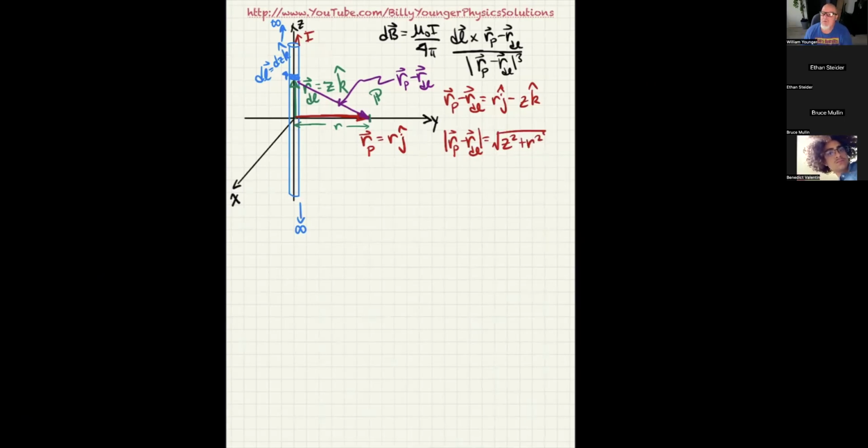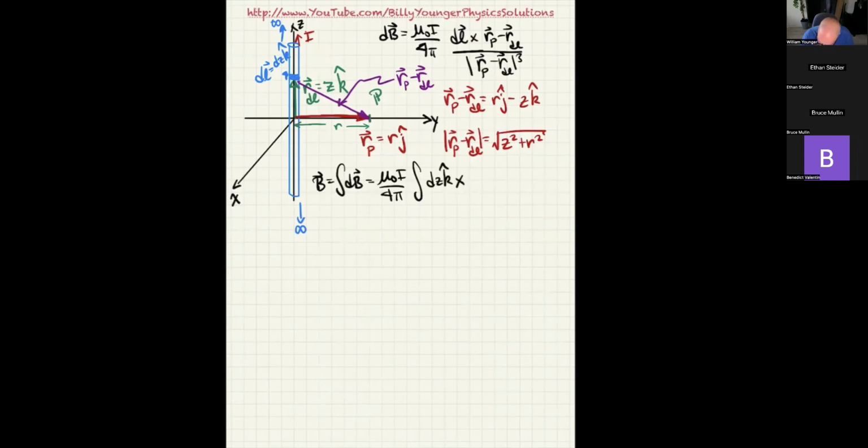Does that make sense, Ethan and Bruce? So now I can go ahead and compute. I'm going to do it in black. So B is equal to the integral of dB, which equals mu 0 I over 4 pi times the integral of, now dl we said was dz k hat.